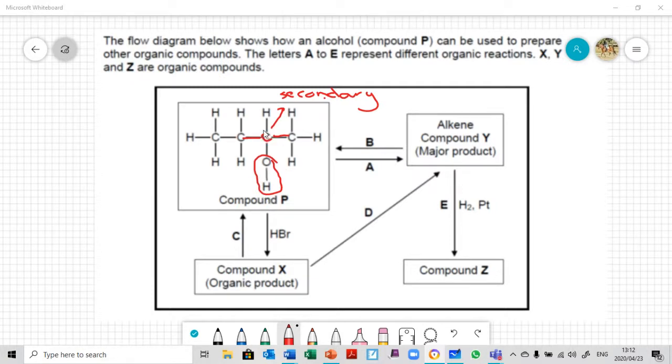If this hydrogen here was replaced by a methyl group, then this carbon would have been attached to 1, 2, 3 other carbons, and I would have been dealing with a tertiary alcohol. I hope that makes sense to you. If you understand the logic of it, then it's actually not quite that bad.